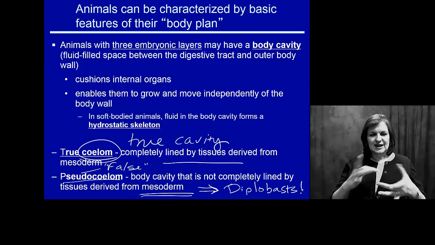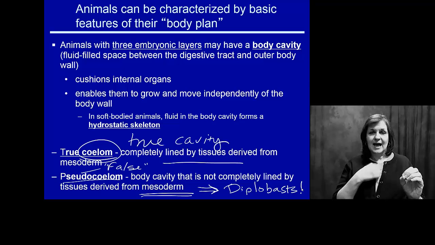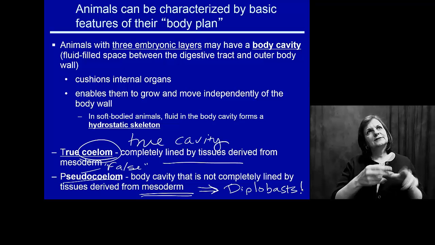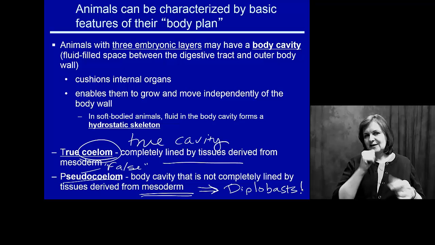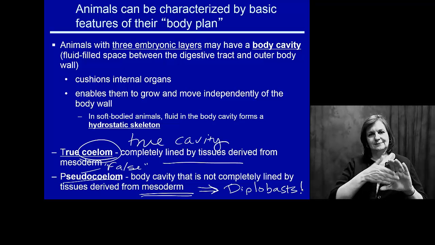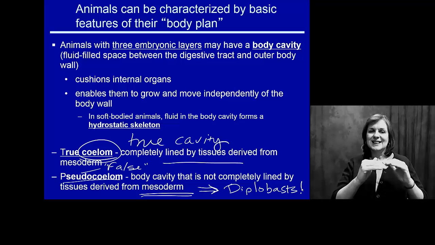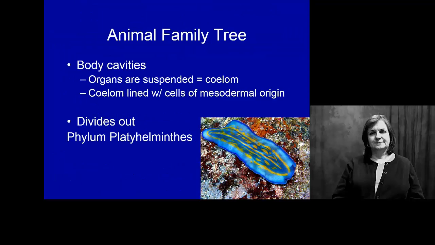You need to connect these terms together. So if we're talking about an organism that doesn't have mesoderm, you need to also think about the fact that it's a diploblast, and you need to think about the fact that it's not going to have a true body cavity, and that will then make this organism less complex in the long run.